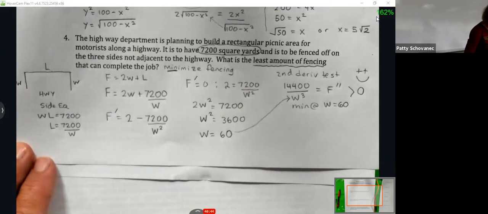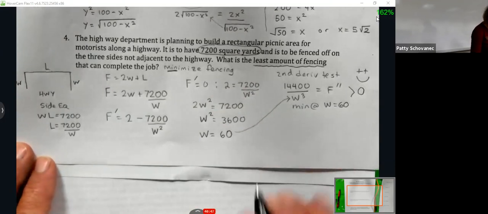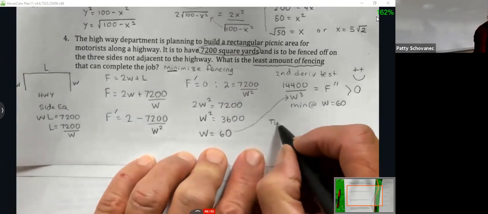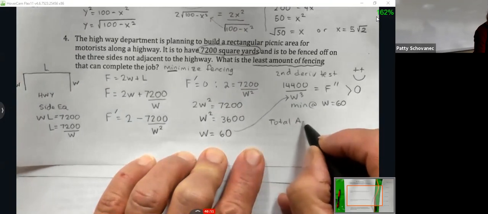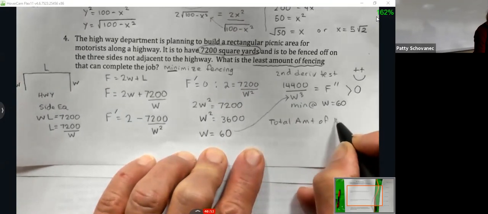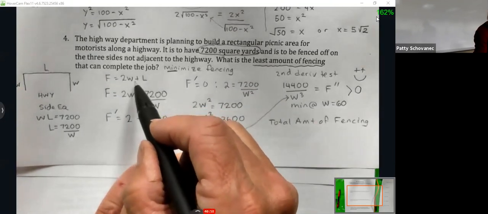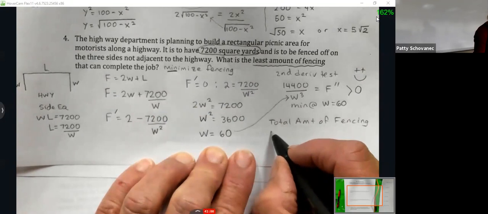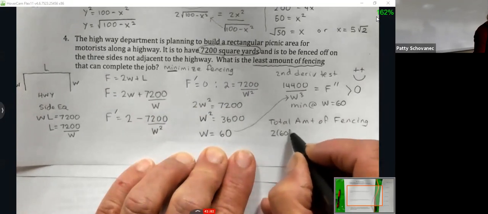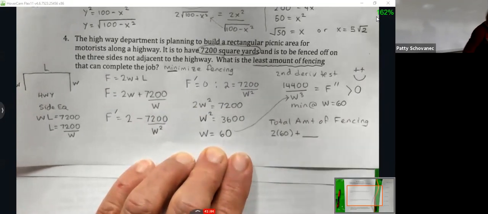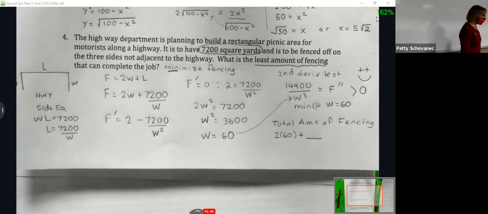But now I want to give all of the fencing. So the total amount of fencing, that's this function, 2W plus L, is 2 times 60 plus L. Remember where we go to get L?